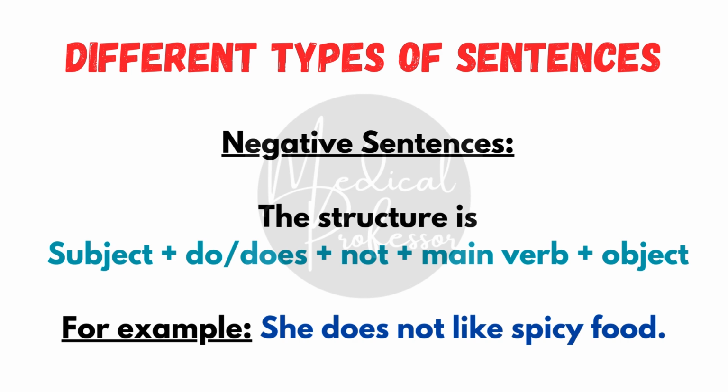Number two, negative sentences. Here we add do not or does not before the main verb. The structure is subject plus do not or does not plus main verb plus object. For example, she does not like spicy food.